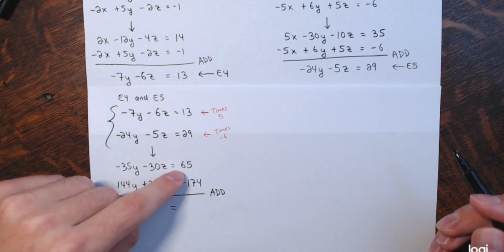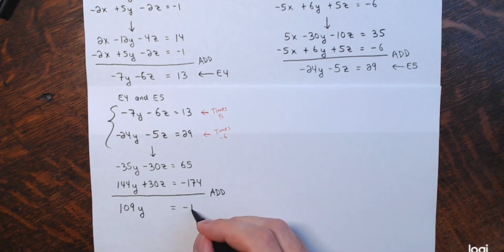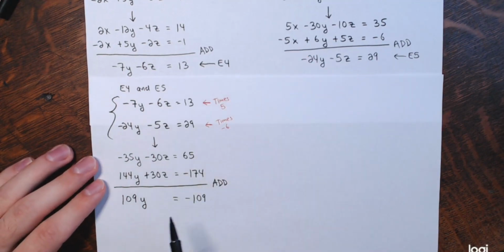Then this would be negative 109, wouldn't it? Yeah, negative 109. So look how nice this turns out, even though all the numbers are getting kind of big. Dividing by 109 gives me the value of y for our solution. Y equals negative 1.